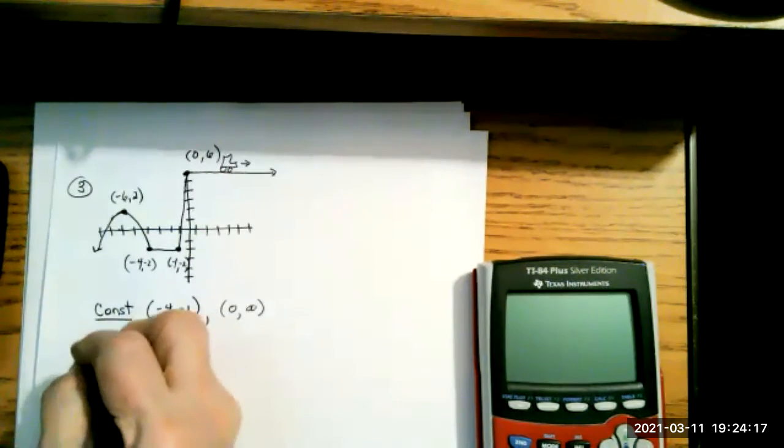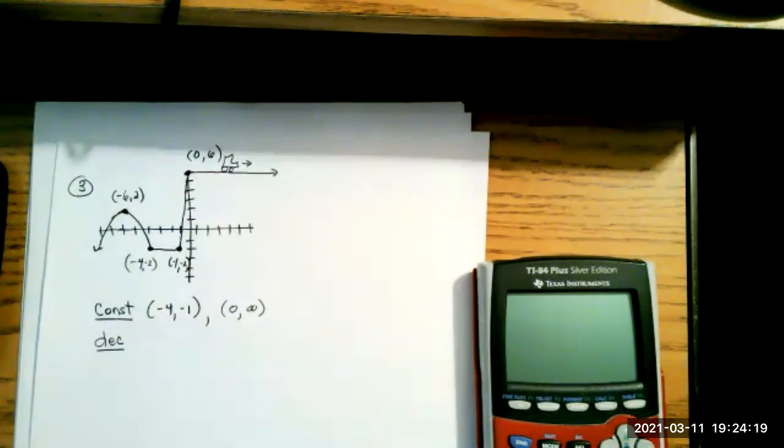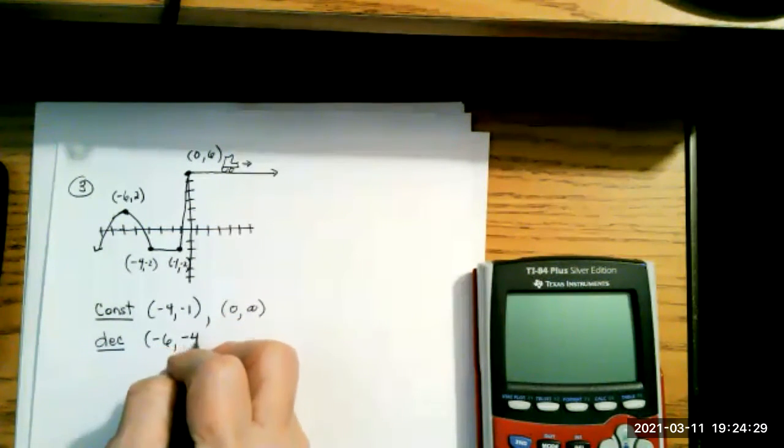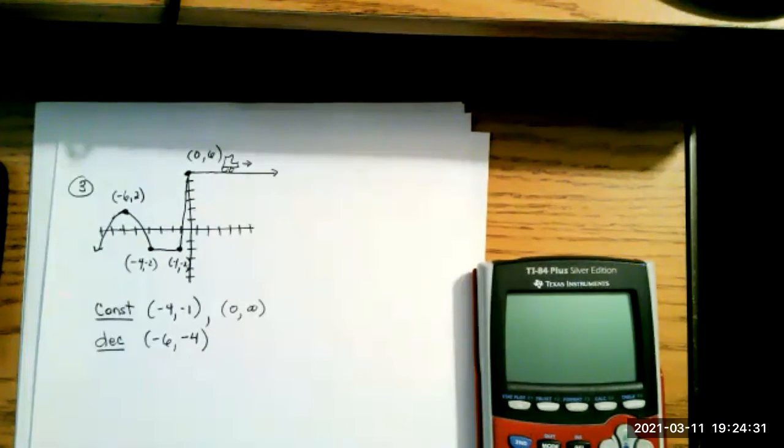Okay, how about decreasing? Danielle, can you do a decreasing one? -6 to -4. That's right. Are there any other decreasings? No. Okay. How about Morgan?